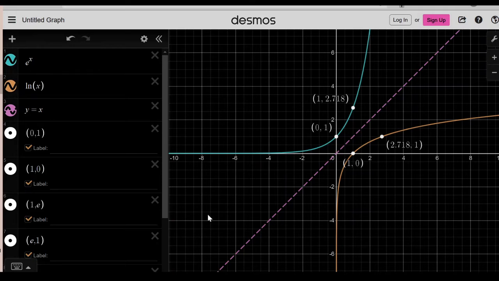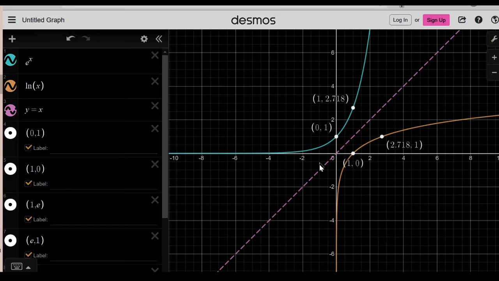In blue, we have the graph of the original function e to the x. And in orange, we have the graph of the inverse function natural log of x. These two graphs are mirror images of each other across the diagonal line where x is equal to y. To get natural log from e to the x, you basically just swap the roles of x and y, which amounts to flipping the graph across the line where x is equal to y.